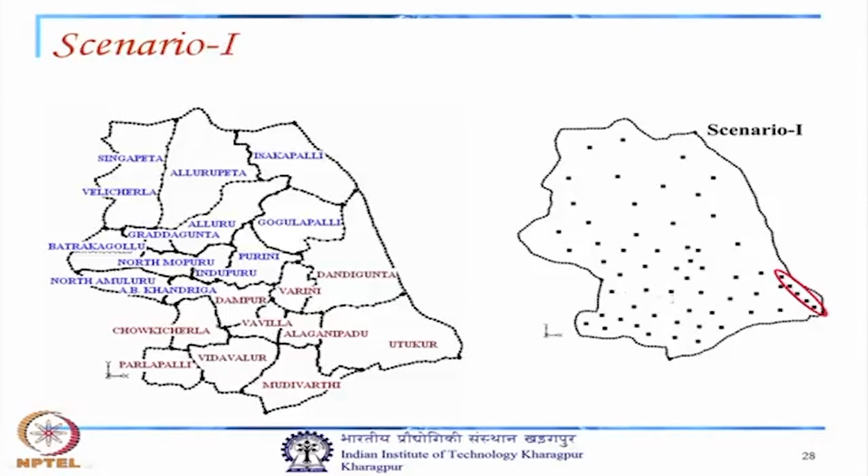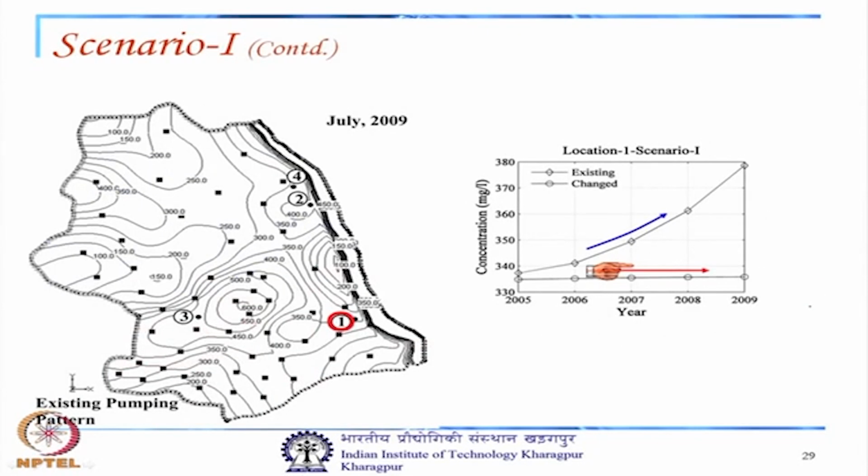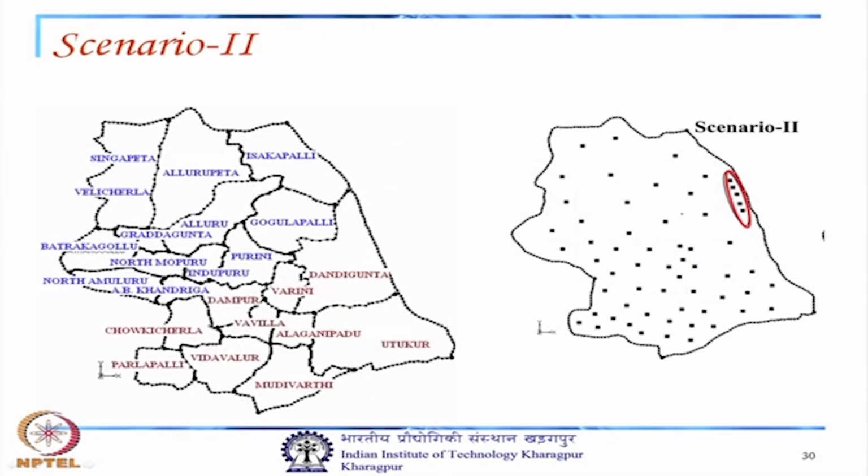So, 3 scenarios are considered for control of saltwater intrusion. So, in Vidavalu region the 5 wells are considered near to seashore. Then it has been found that there is decrease in concentration for a reference point 1 with that scenario.